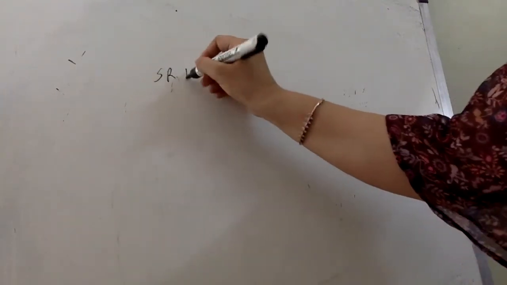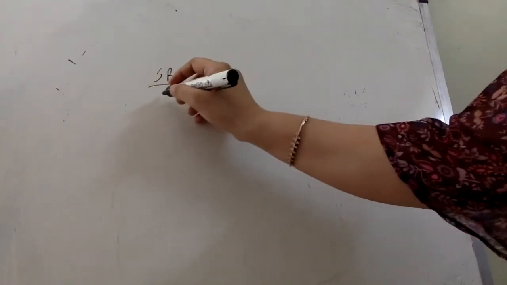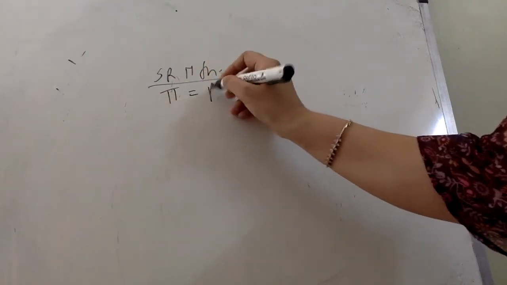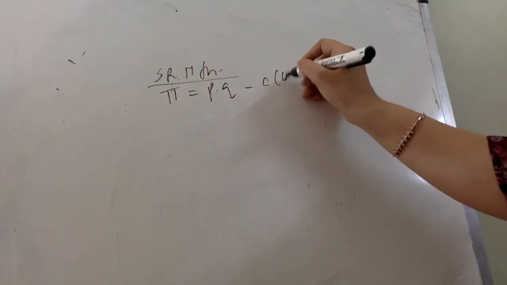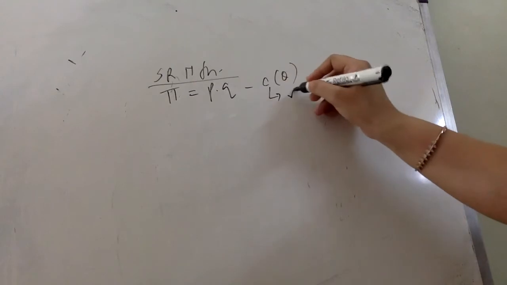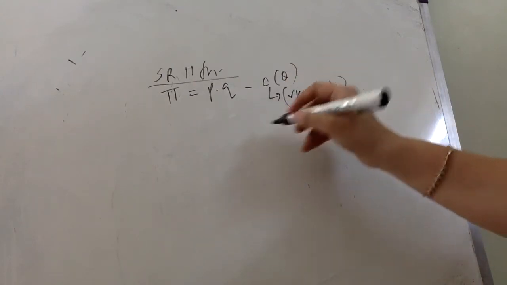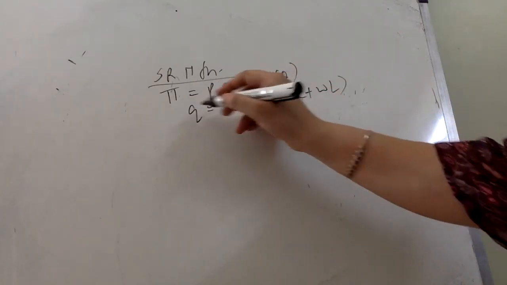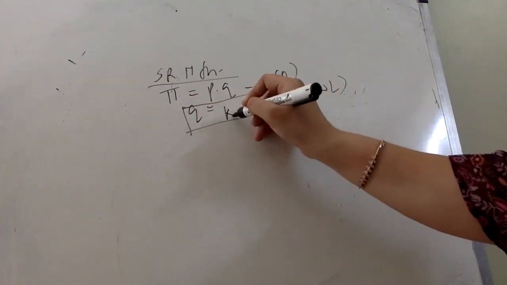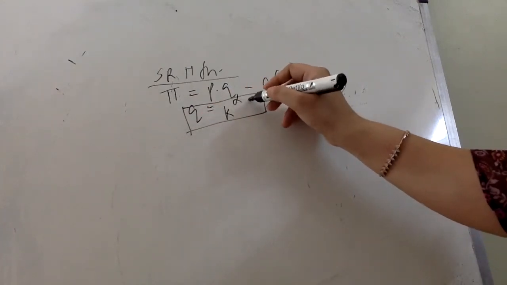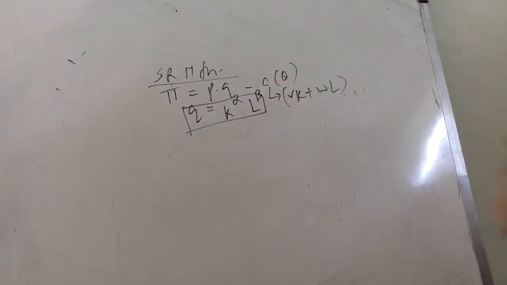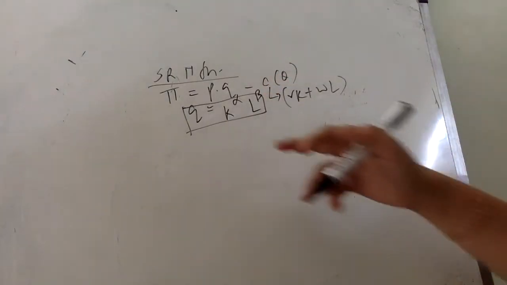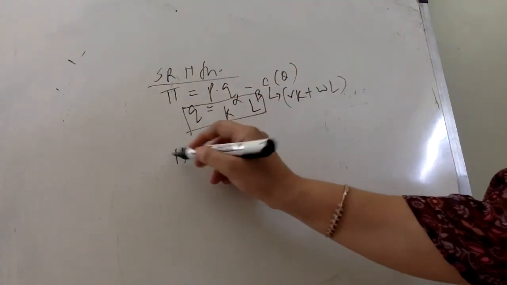So for a short run profit function, suppose in the profit function we have price times quantity minus the cost function. The cost we have is VK plus WL, and the output we have is a Cobb-Douglas function, say K to the power alpha and L to the power beta. This is the output given to me, and if I replace the value of output here, what do you get as the profit?